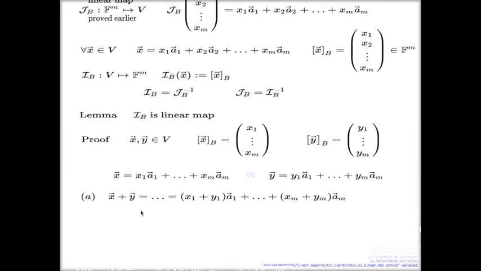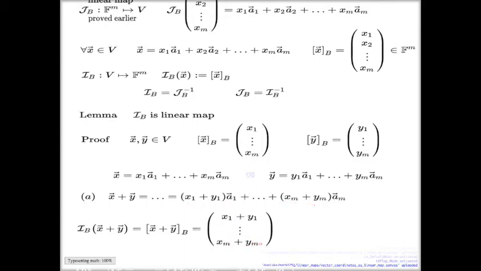Hence, if I go for the IB of x plus y, that's what the IB is of a vector. All I need to do is collect these coefficients as an n-tuple, m-tuple in fact.